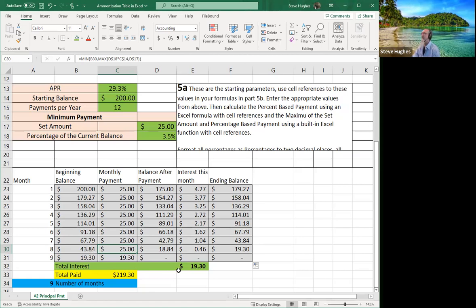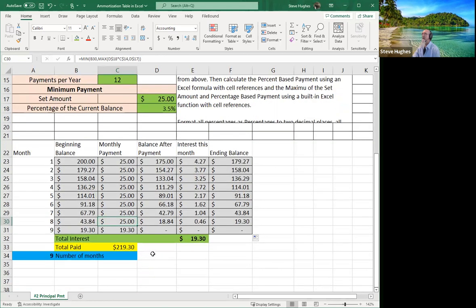Now, if I want to know how much interest I have paid, it wouldn't be this month, that would be the interest this month. That's correct, but my total interest is down here in the bottom row in green. I've paid a total of $19.30 in interest. How much did I pay total for my loan?